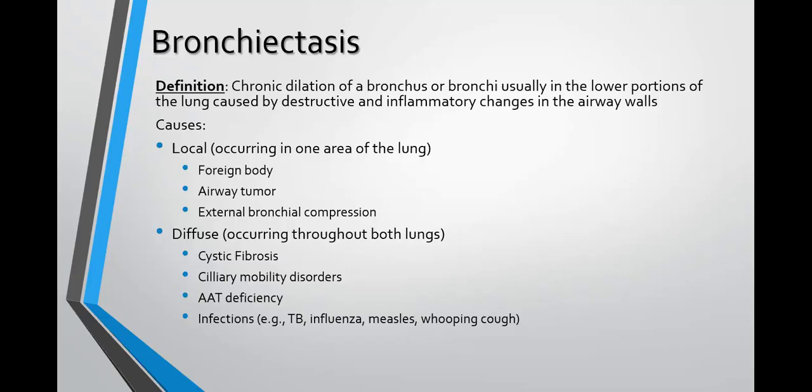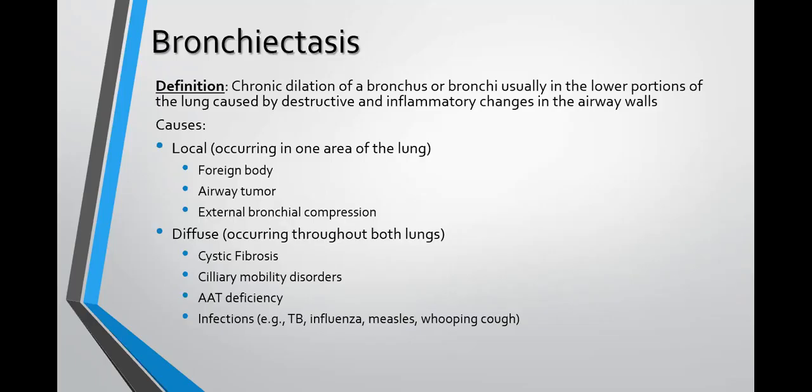Now, that widening can either be in one spot or it can be all over the lung. And it's different types of widening. It could be uniform wideness all the way through, or it could be like sacs, right?